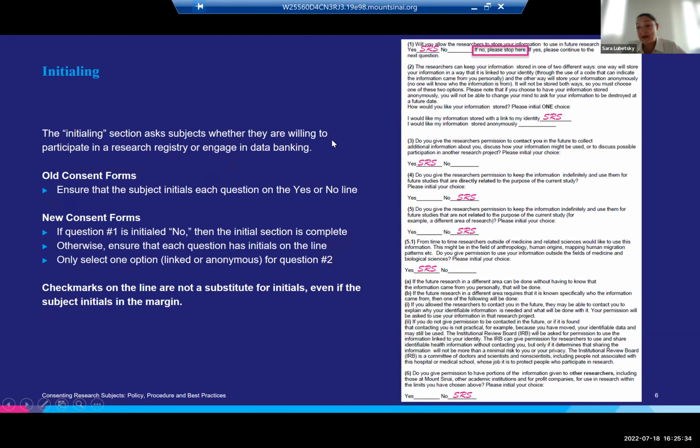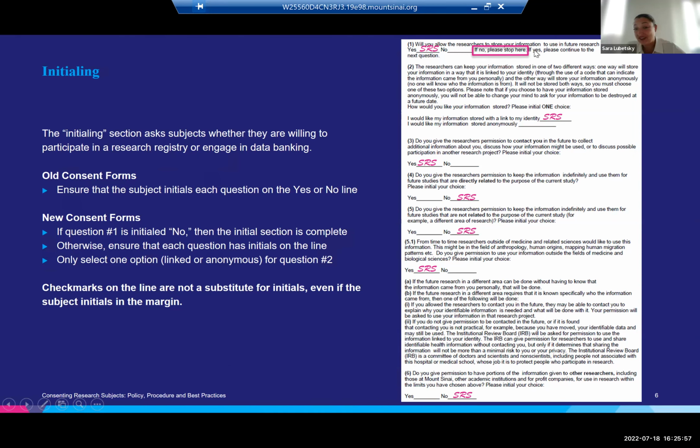So this is what I call the initialing section of the consent form. It asks a lot of questions about research registry participation and data banking. All I really have to say about it is that you should go through step by step.